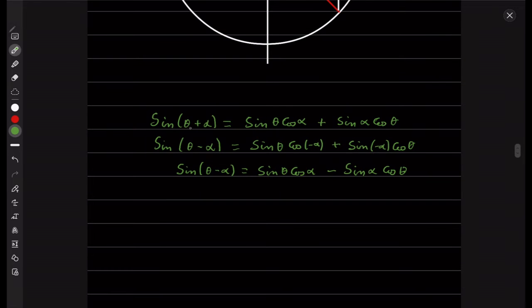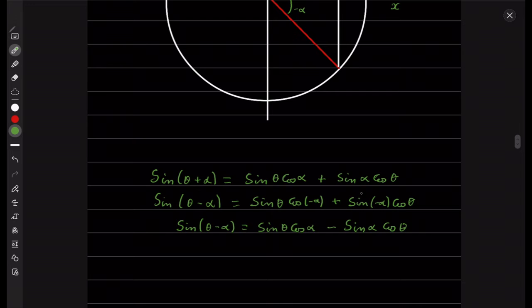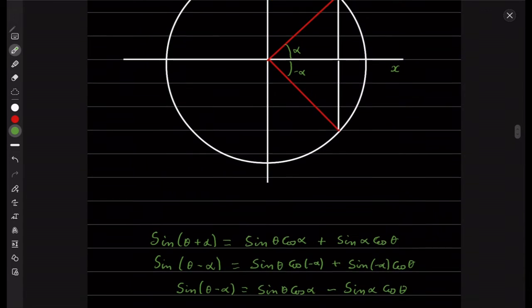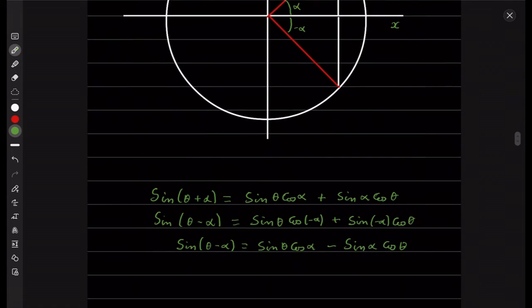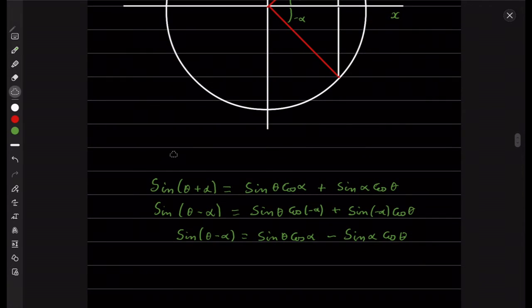So whenever you want to change the sign in here, you can change the sign here, but only if the equation was first written with sine theta cos alpha in front, because if you were to write it any other way, you'll have to change the sign in front. The sign in the middle stays the same, so it's generally better to write it in this format to avoid confusion when you're having negative angles. So I can get rid of all of this. We can now move on to proving the cos addition rule.